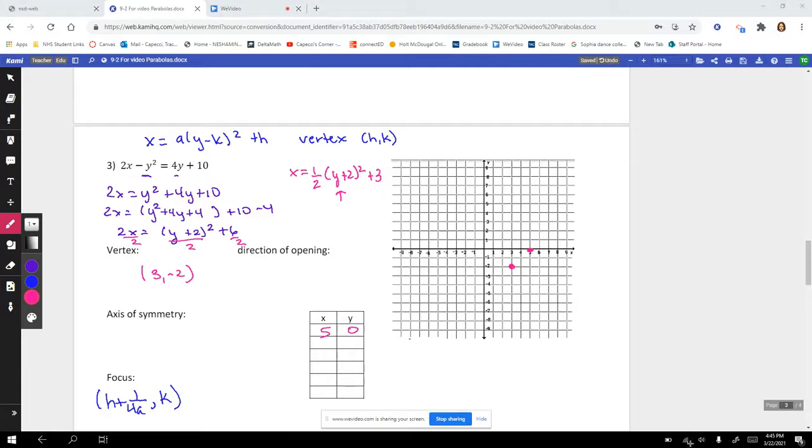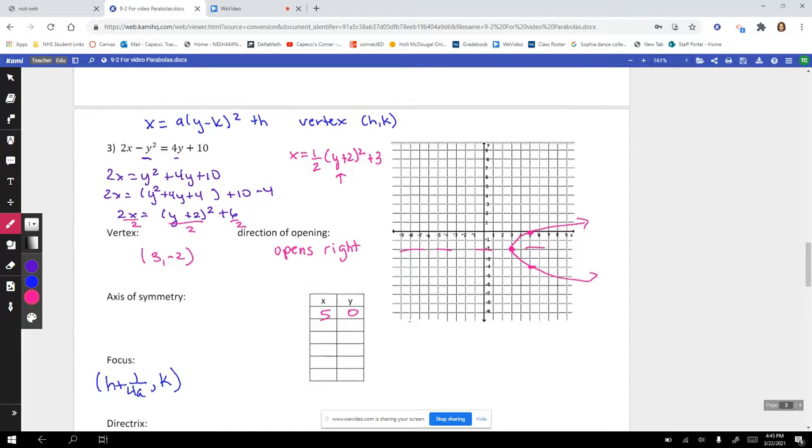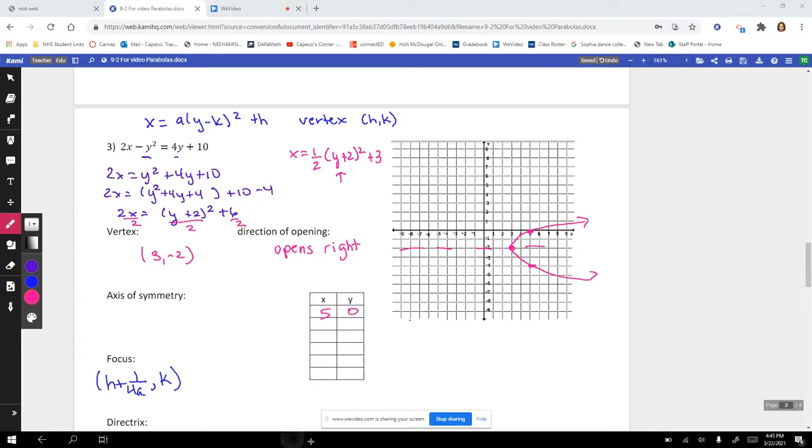I'm going to do the same thing on the other side. So again, I can see that it opens right. Now my axis of symmetry is going to run right along here. It says y is equal to -2.